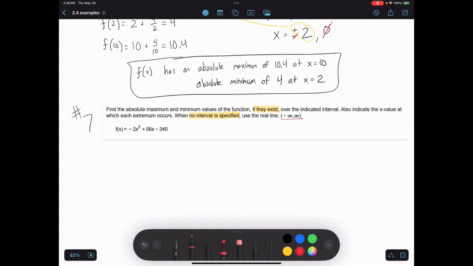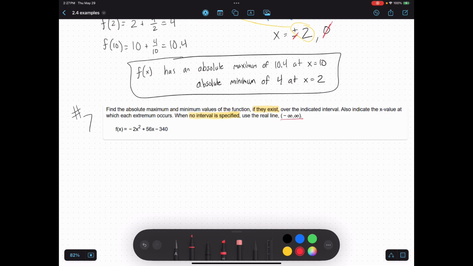So this example is different from all the other examples on your homework because it does not give you a closed interval. It's asking me what's the absolute maximum and absolute minimum value for this quadratic function from negative infinity to infinity. So there's a chance that I might not have an absolute maximum and I might not have an absolute minimum. But the process that we used in the last example still works here.